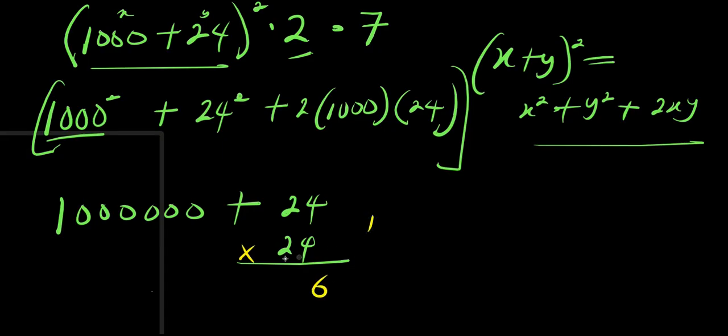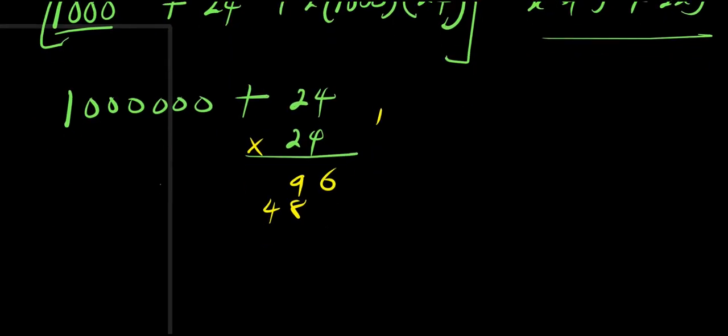Carry over 1. 4 times 2, 8. 8 plus 1, 9. So I have 9 here. Then 2 times 4, 8. 2 times 2, 4. So when you add, this is 6. This is 17. 7 and the other one here, this is 576.